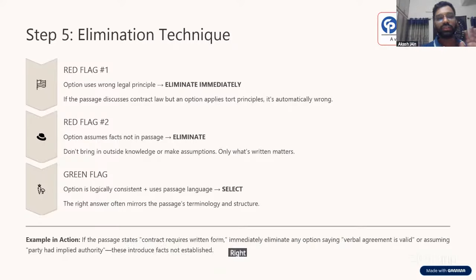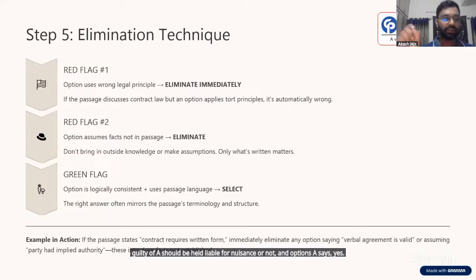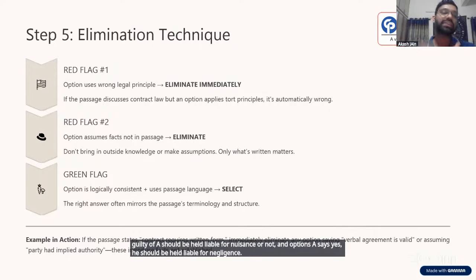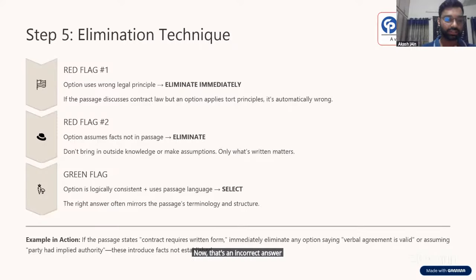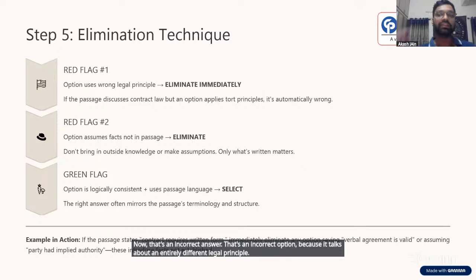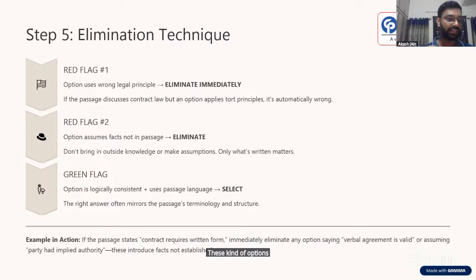So let's say the question asks whether A should be held liable for nuisance or not, and option A says yes, he should be held liable for negligence. Now that's an incorrect option because it talks about an entirely different legal principle. These kind of options you should immediately eliminate.